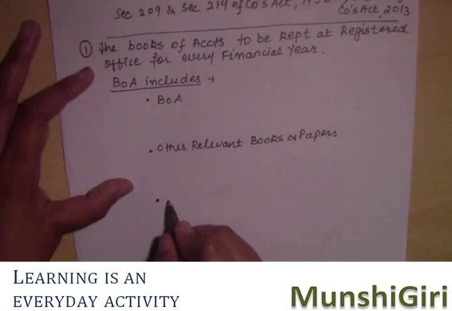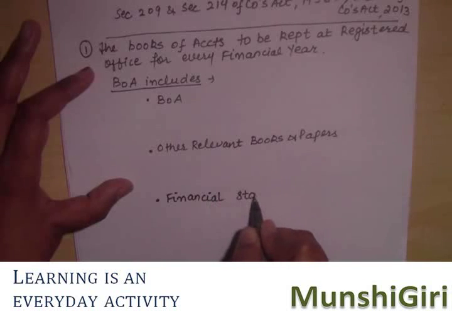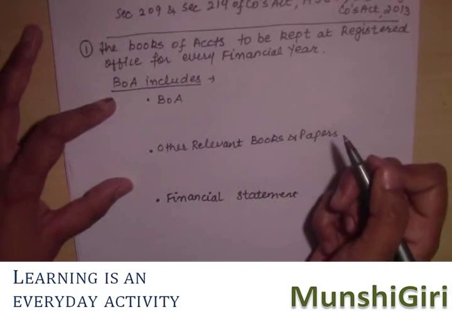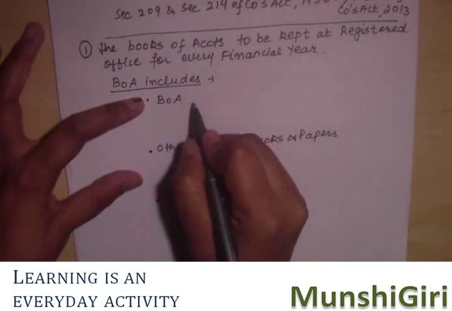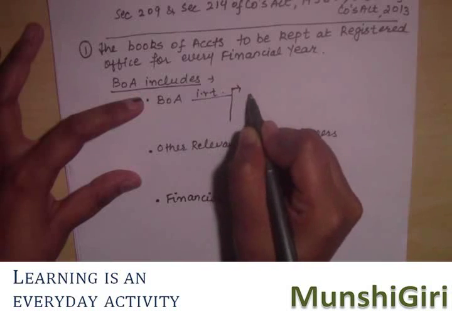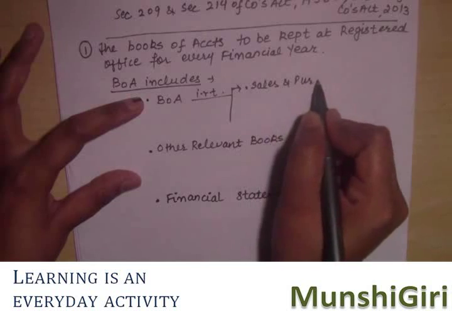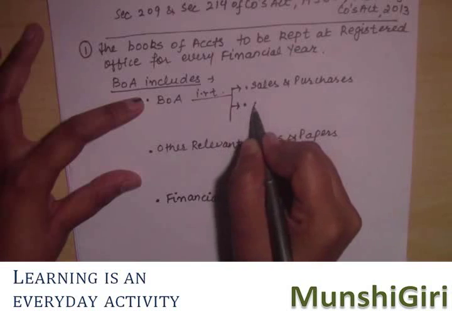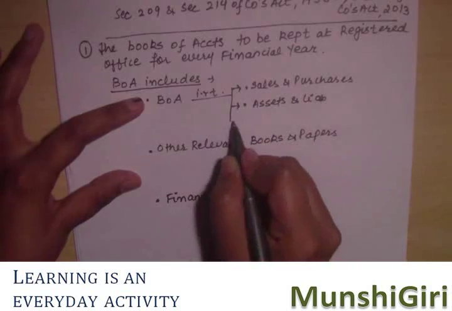And the third one being the financial statements. Books of accounts are in relation to three things: sales and purchases, assets and liabilities, and income and expenditure.